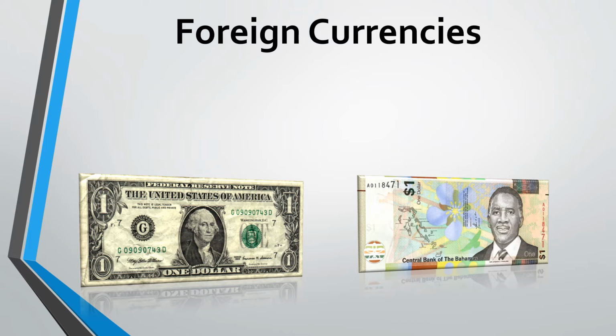We have Jamaica, we have the Chinese, we have the Japanese, we have the pesos, which is from Mexico. So we have a number of different currencies. And foreign currency is another topic that you'll learn about later on in the 11th or 12th grade. But this just shows us how connected the topics in commerce are to one another.